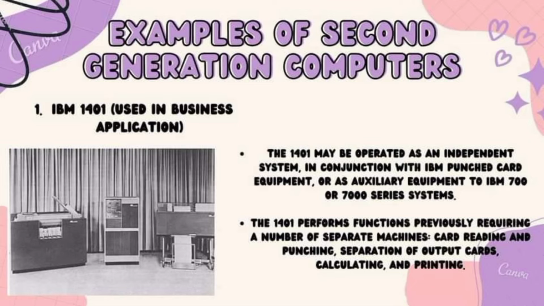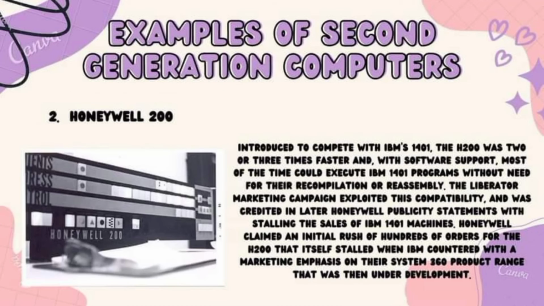The IBM 1401 computer may be operated as an independent system in conjunction with IBM punch card equipment or as auxiliary equipment to IBM 700 or 7000 series systems. Honeywell 200 was introduced to compete with IBM's 1401.